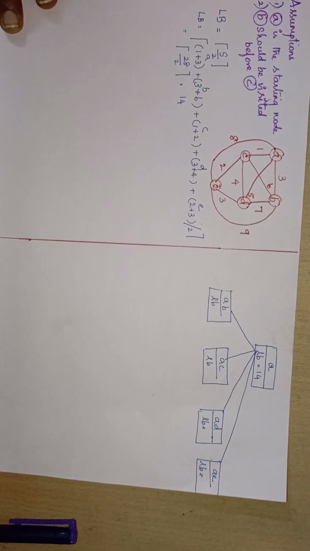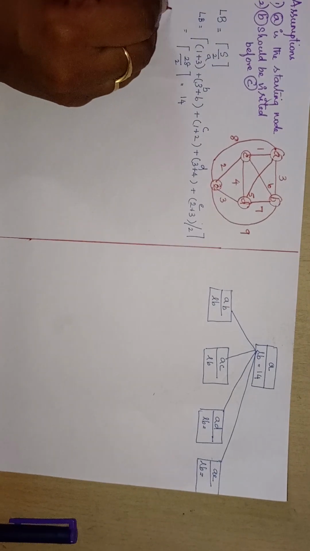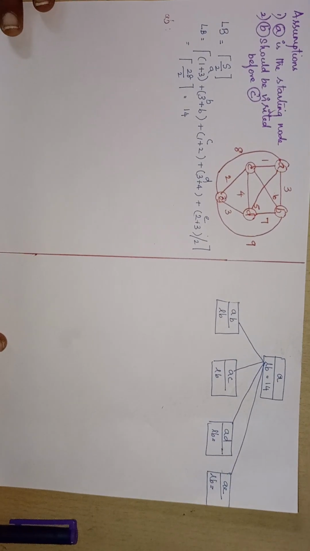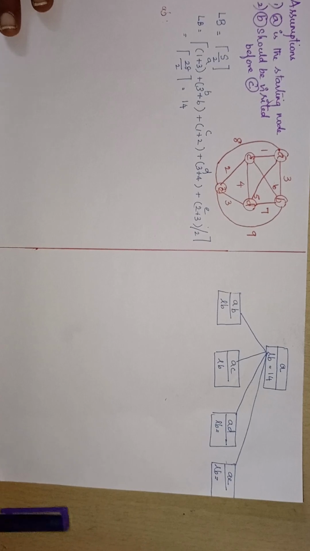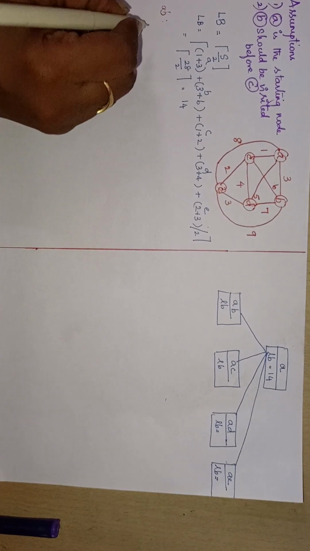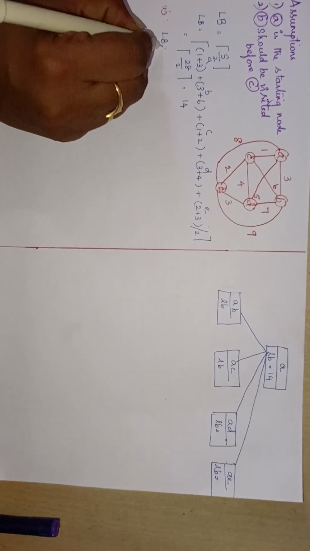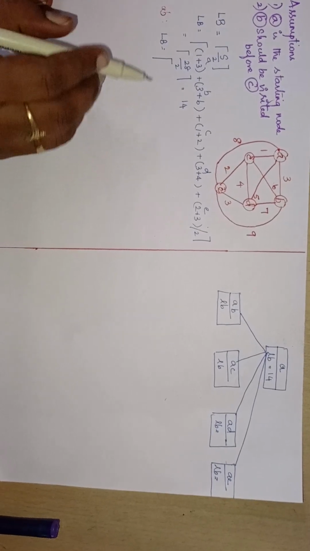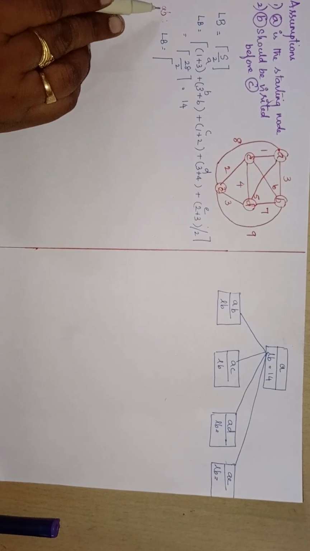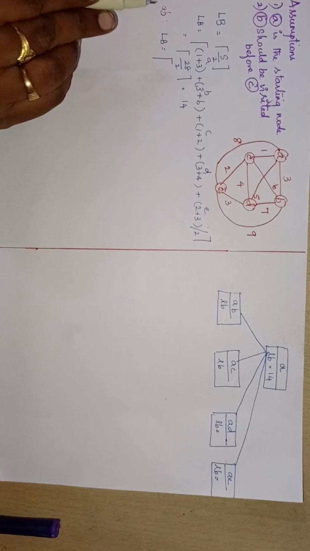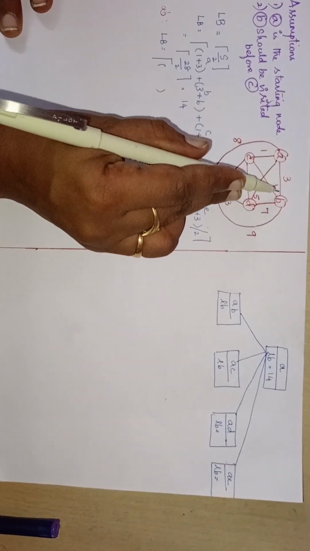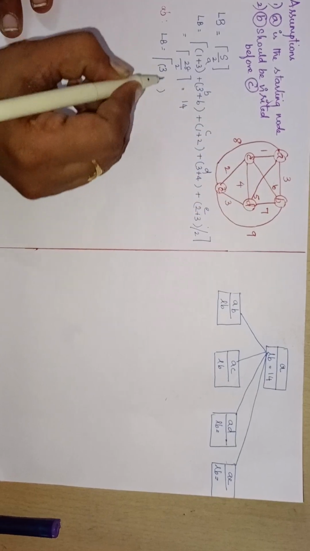In this case, the lower bound will be the summation where I need to consider all the cities, but the edge AB should be included definitely. So for A, this AB should be definitely included. So it is 3.